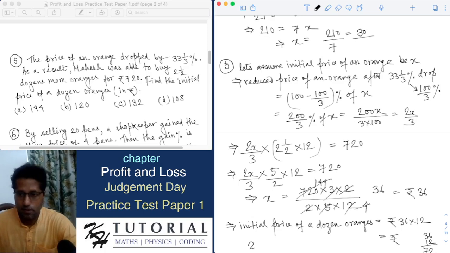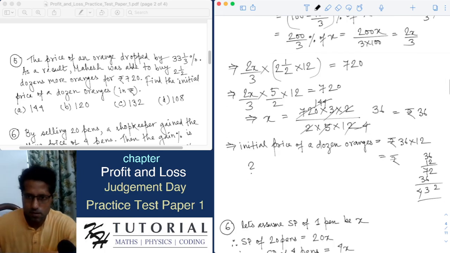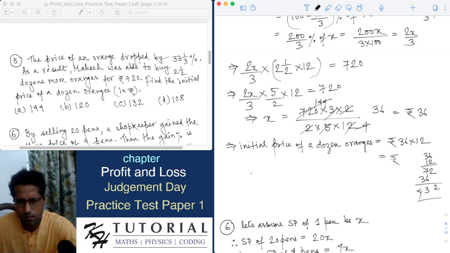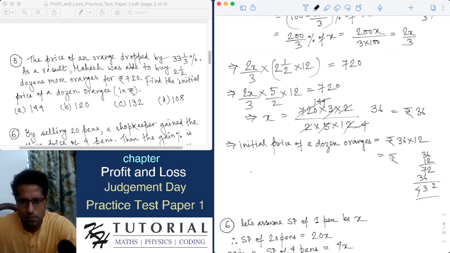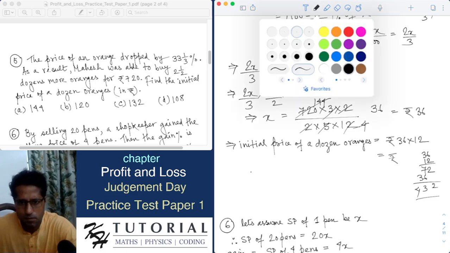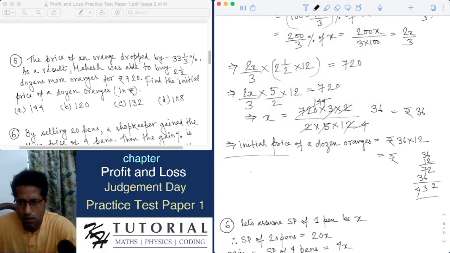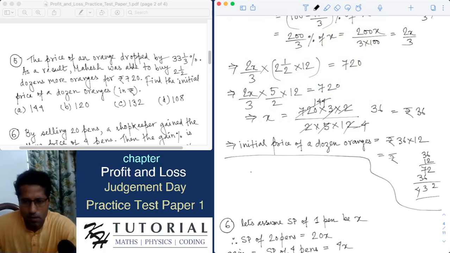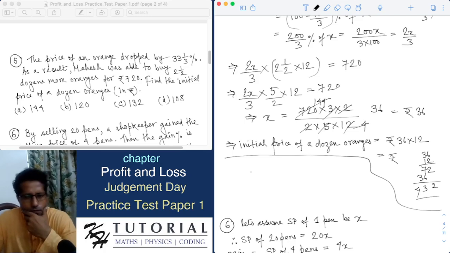Let me think. No, I'm trying to do it in a different way. Okay, so it is saying that as a result, Mahesh was able to buy 2.5 dozens more oranges.